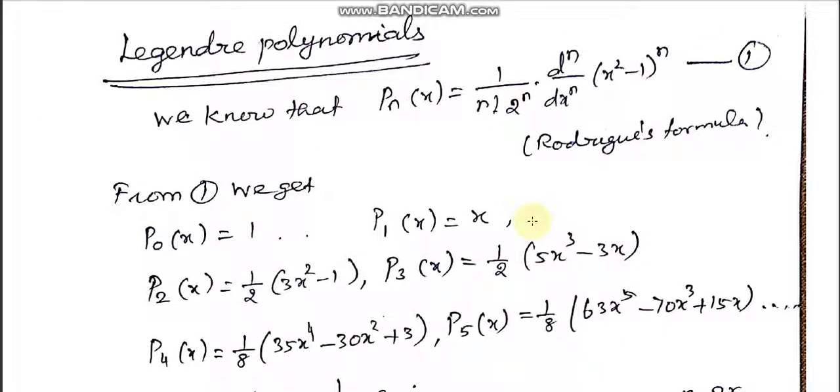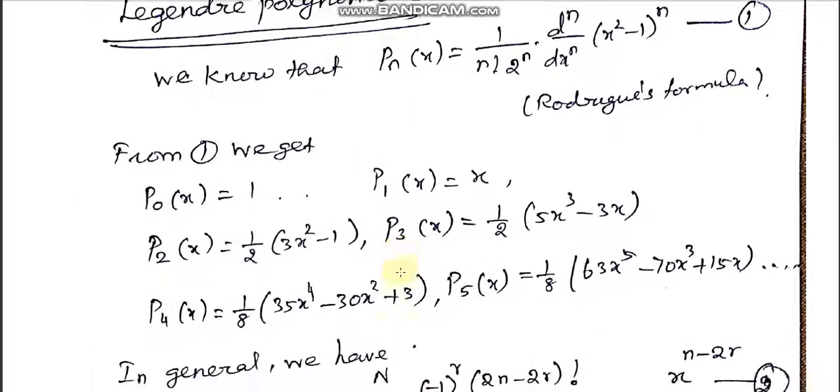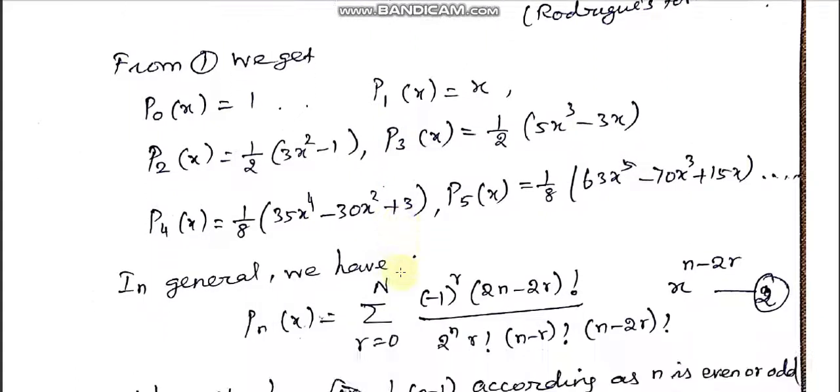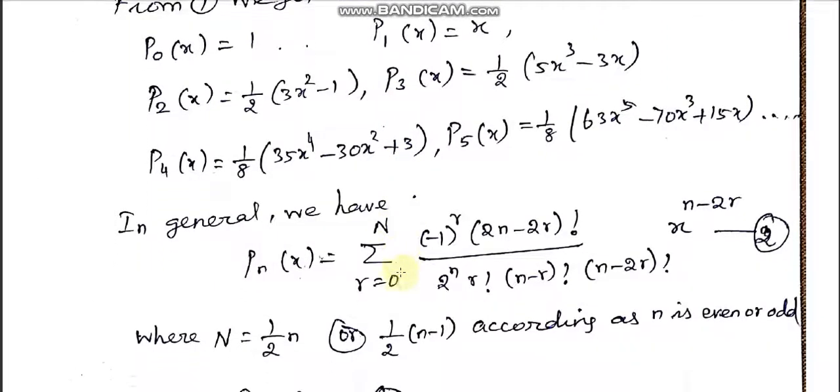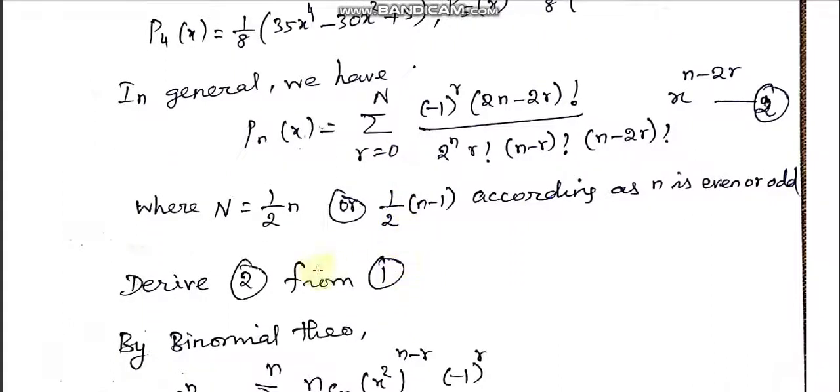Next, Legendre polynomial. We know this equation, Rodrigues' formula, that is equation 1. From this equation 1, on substituting n equal to 0, 1, 2, 3, we find the values of P0, P1, P2, P3, P4, etc. In general we write Pn of x equal to sigma r equal to 0 to N of minus 1 to the power r, and so on.